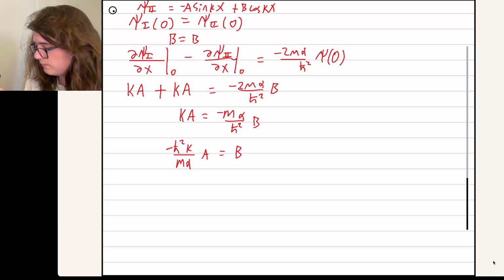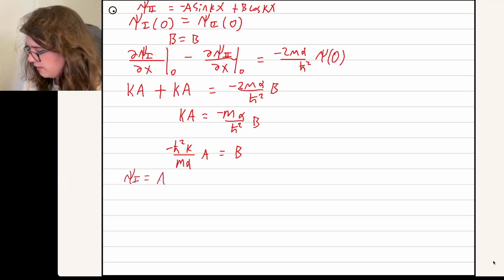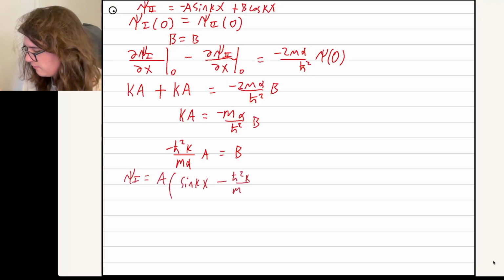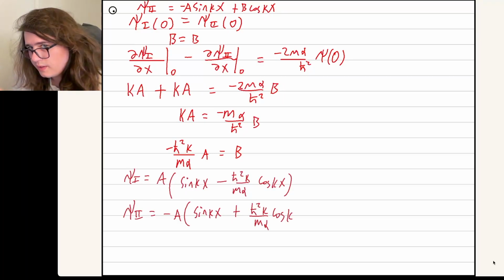So now we can rewrite our wave functions. Psi 1 is a times sine kx minus h bar squared k over m alpha cosine kx, and psi 2 looks like minus a sine kx plus h bar squared k over m alpha cosine kx.